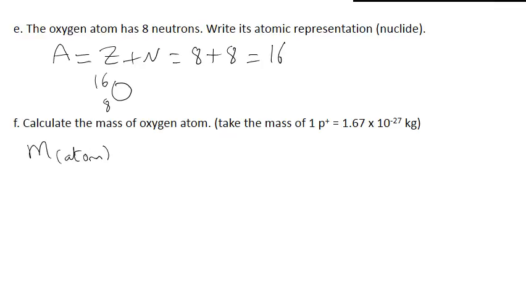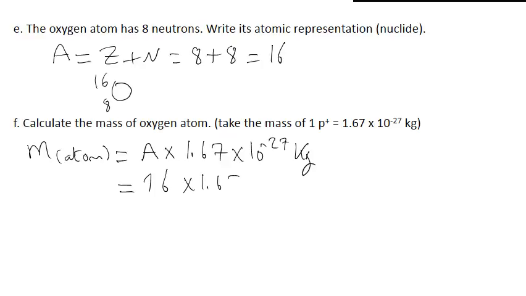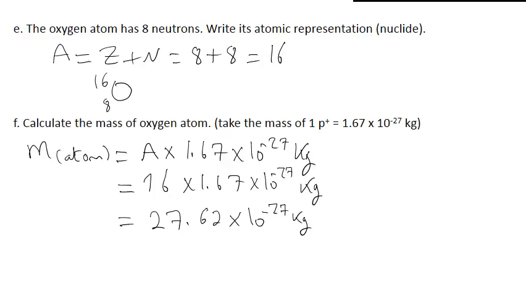Mass equal 16 times 1.67 times 10 to the power minus 27 kilogram. 26 or 62? 26, sorry. 26.72 times 10 to the power minus 27 kilogram.